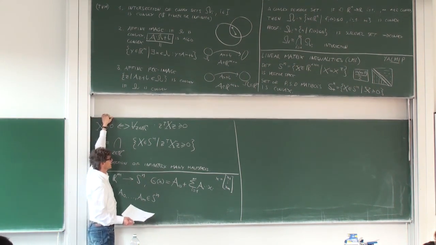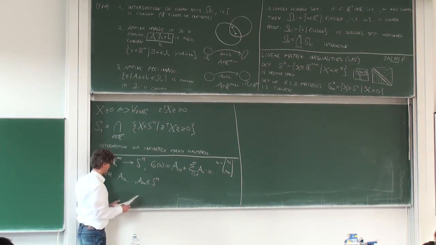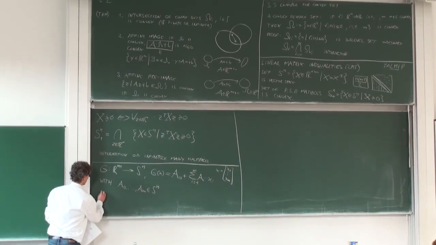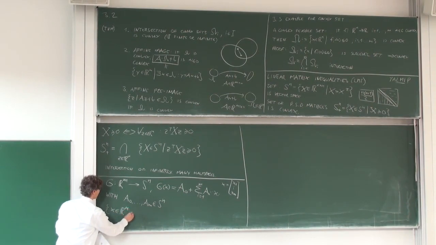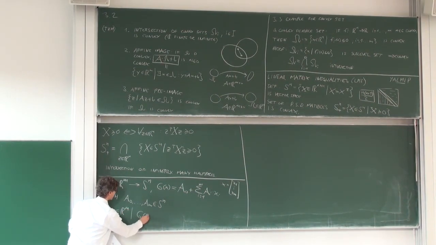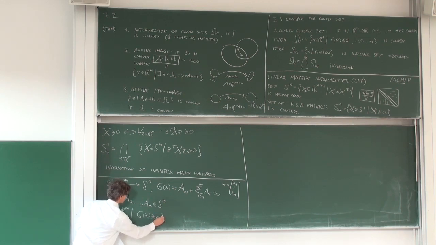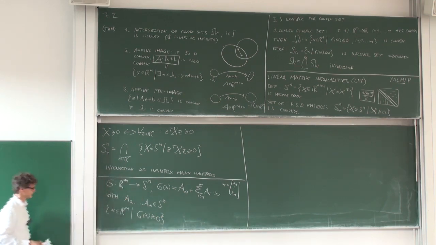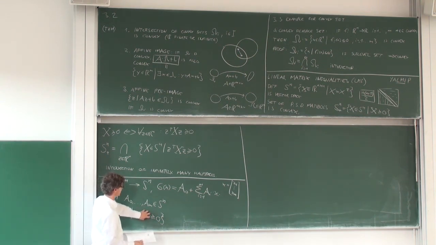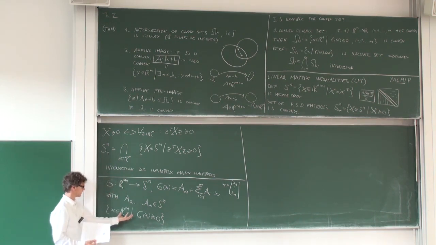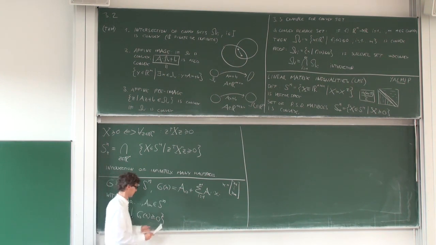And now we could define the set of all x in R^m so that G of x is positive semi-definite. Or equivalently, that G of x is an element in S^n plus. And what do we get? We get the pre-image of a convex set under this affine map.